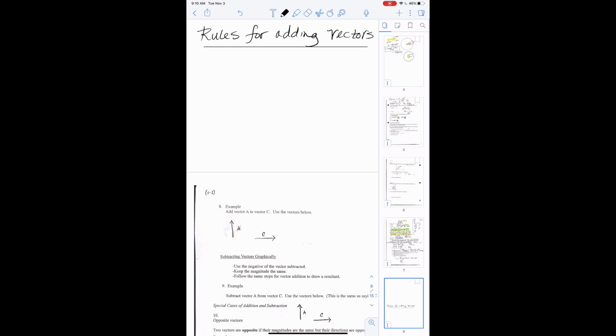Add vectors head to tail. A vector, which we said is an arrow, has a head to it, which is where the arrow is, and the part where the arrow isn't is the tail.